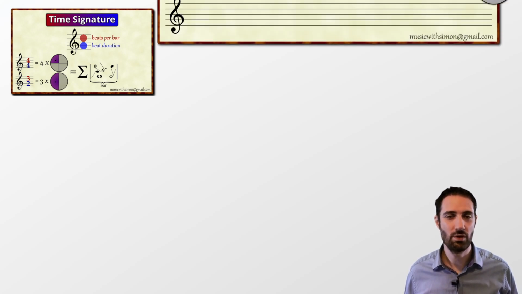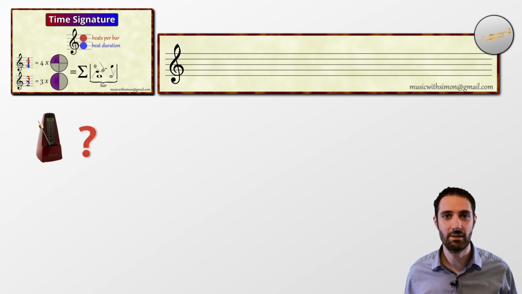Now that we know what the time signature is, identifying the duration of the notes becomes an easier task. Let me show you what the strategy should be. First, we listen to the music and we identify the beat and the time signature.